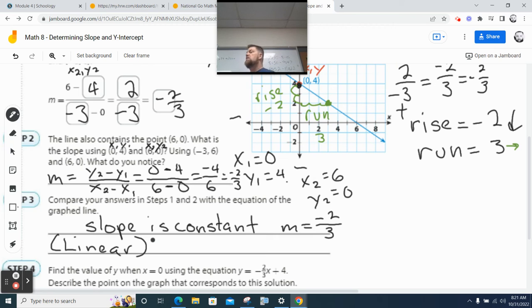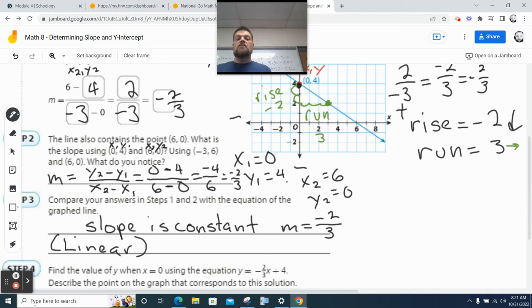That means it's going to be a straight line. If my rise over run is the same from every point on the line, isn't that going to make a straight line? It will. Are all graphs that way? No. But linear graphs are.